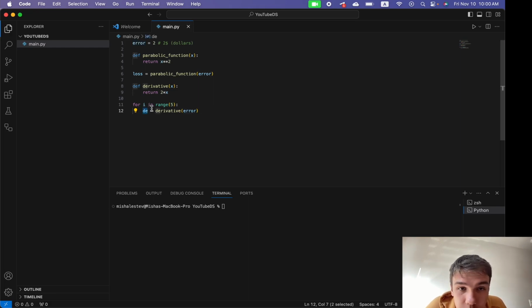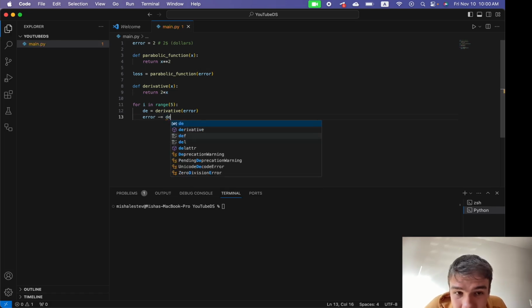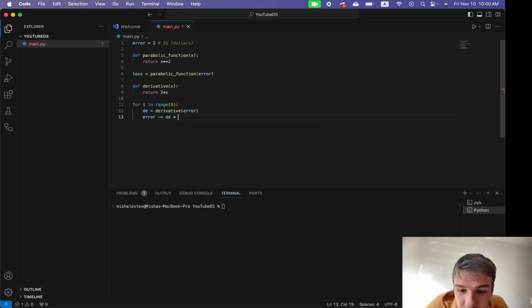To make it work, what we are about to do is say that right now our error is 2, and then we're going to say that error minus equal to the error multiplied by 0.1. So what is the 0.1?